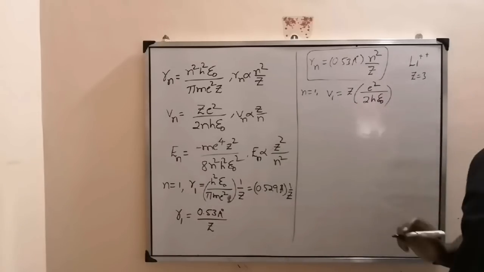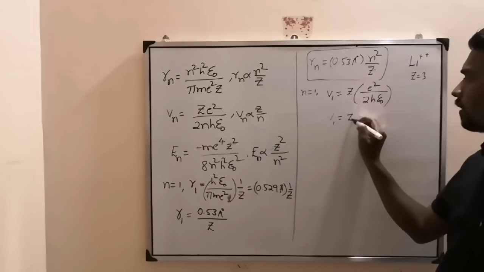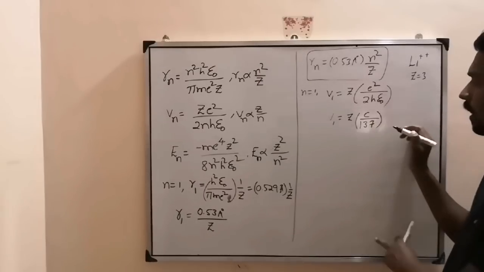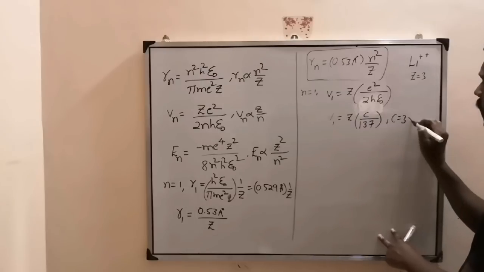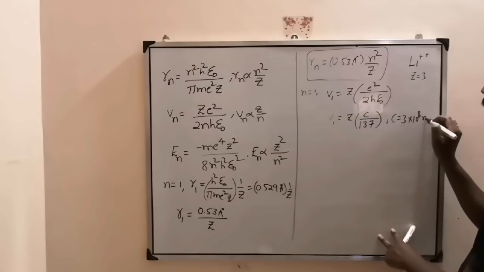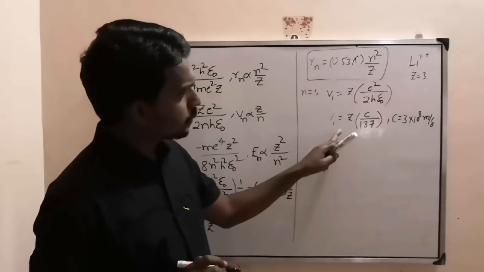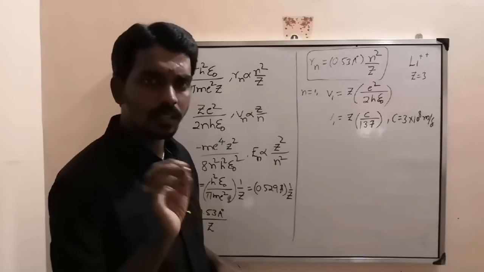If you substitute the values, the value comes out to be approximately c by 137, where c is the speed of light, which is 3 into 10 power 8 meter per second. So this is the speed of the first orbit electron.